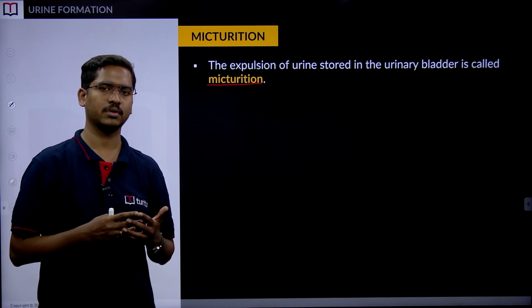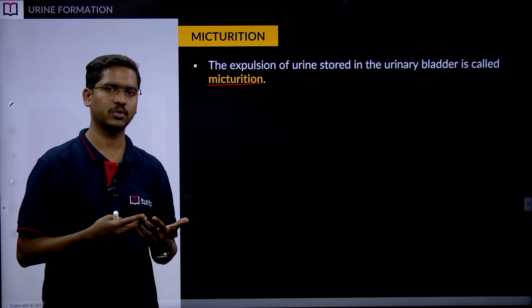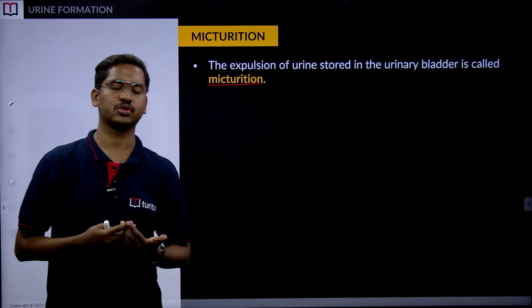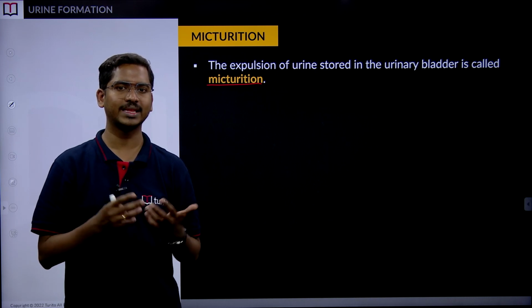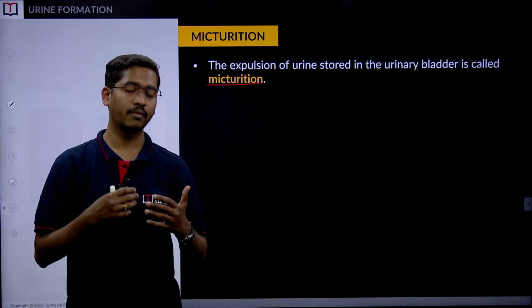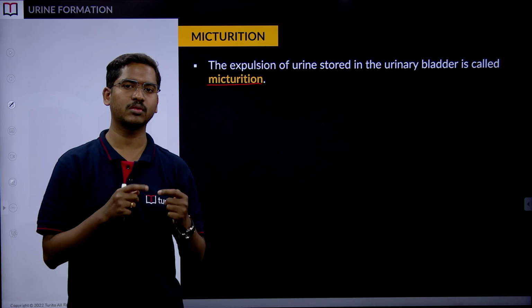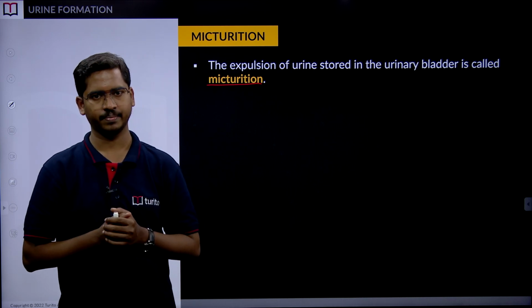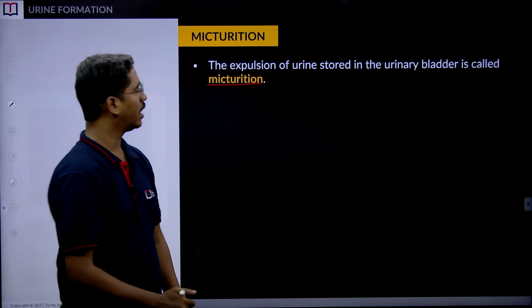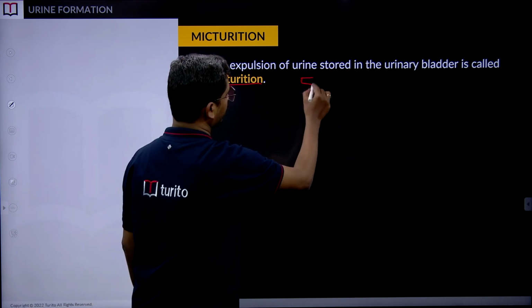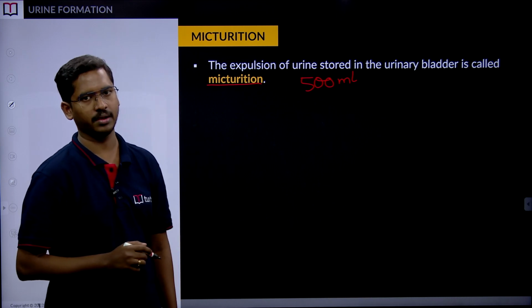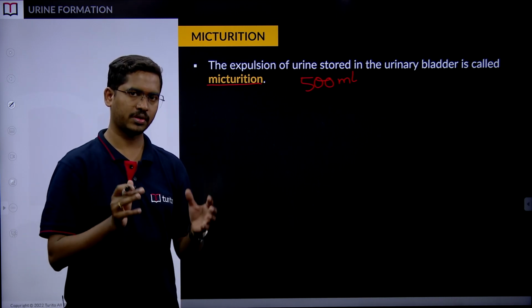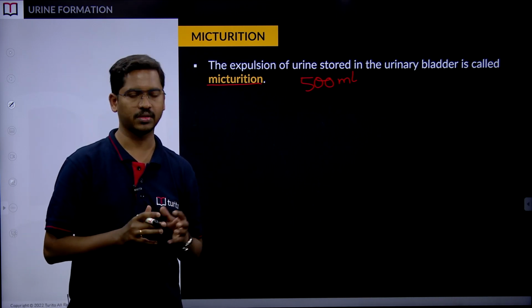The moment we get the urge to urinate, our urinary bladder has to reach its maximum capacity. Normally, our urinary bladder has a minimum capacity of 500 ml. It is a bag which stores the urine inside it.